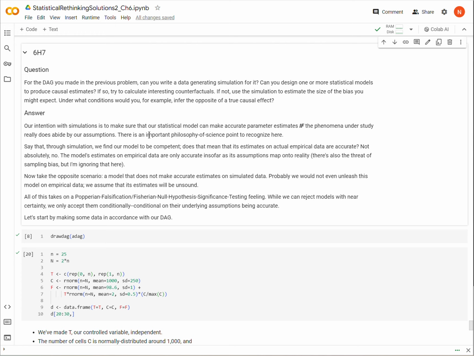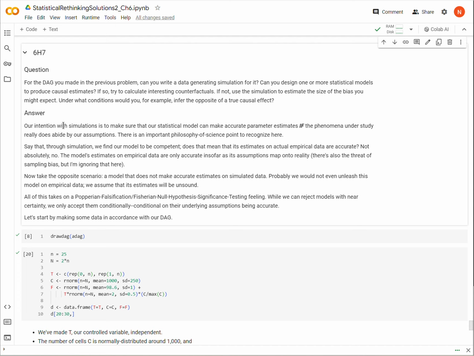So on the assumption that the system under study actually conforms to our hypothesis, we want a model that can detect the interesting things of that supposed system. So we're going to make some fake data and deploy a model on it. And if the model is able to perform correctly on that fake data, then we will move on and deploy it on empirical data that we've collected.